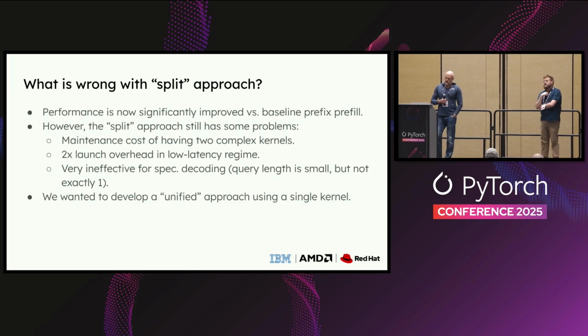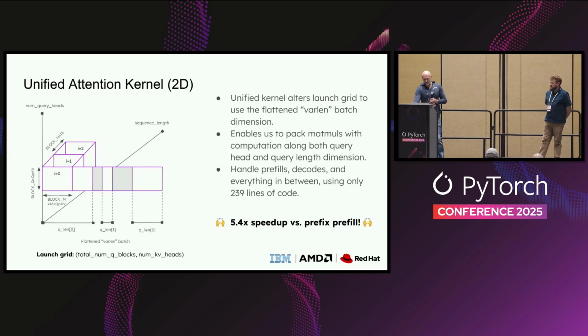It takes a while, and then to extend it with new features like sliding window, ALiBi, or sinks, the recent one in GPT-OSS, right? Also, it's not very easy to port into a new architecture. For instance, recently at AMD we switched from MI300 to MI350, a slightly different accelerator with lots of new nice features. That was the problem.